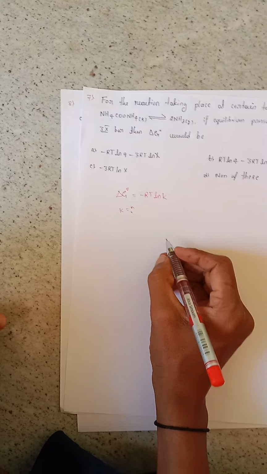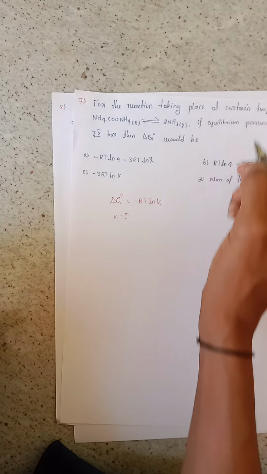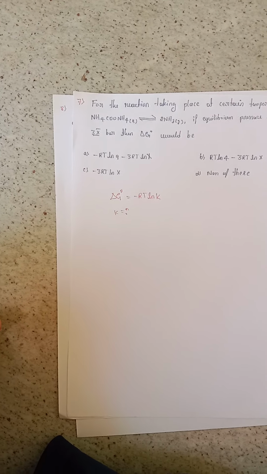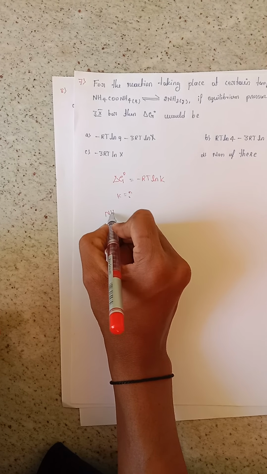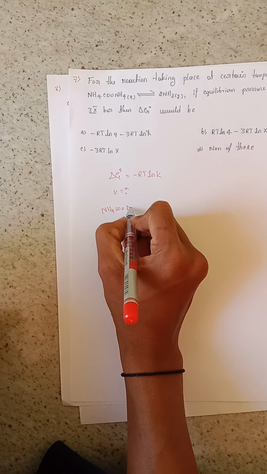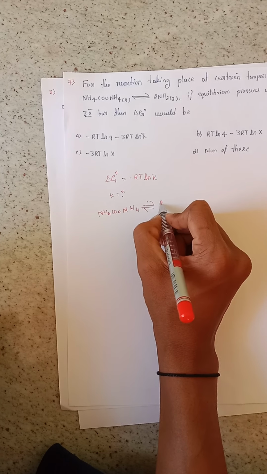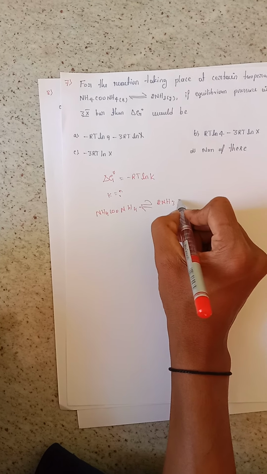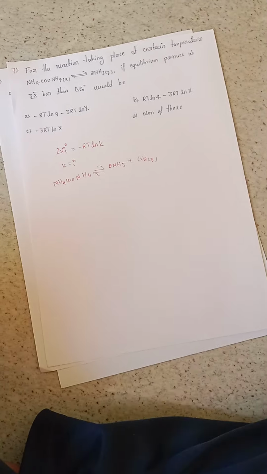For the above equation, I should write it like this: NH4COONH4 gives 2NH3 plus CO2, both gaseous molecules.